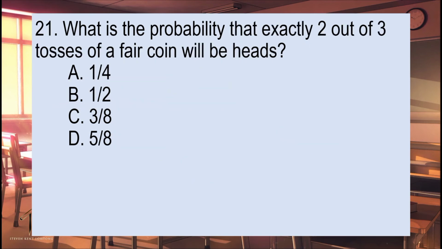So next problem, what is the probability that exactly 2 out of 3 tosses of a fair coin will be heads? We have here a fair coin, so that means our probability is 1/2, just a head or a tail. Applying the Bernoulli binomial distribution, we have 3C2, because it says here 3 tosses, and our expected number of successes is 2.